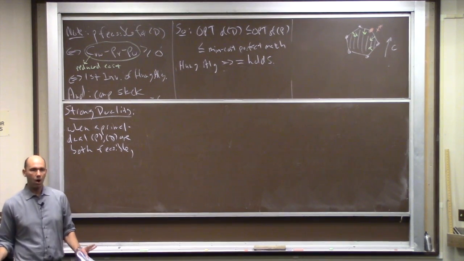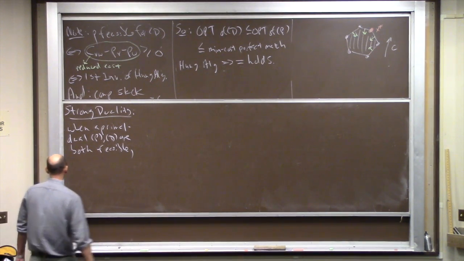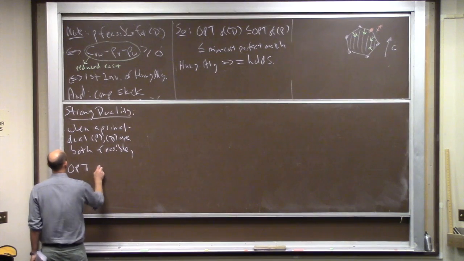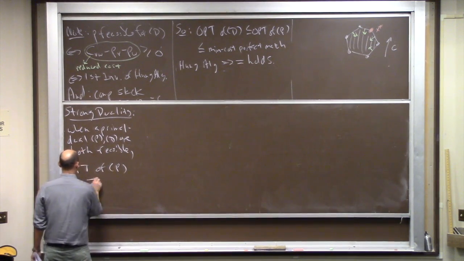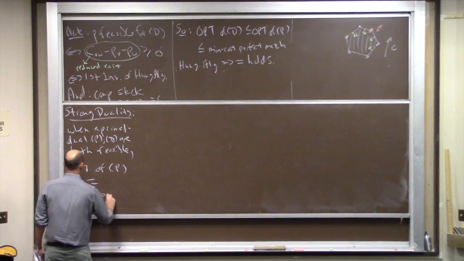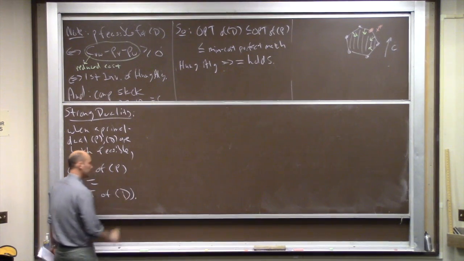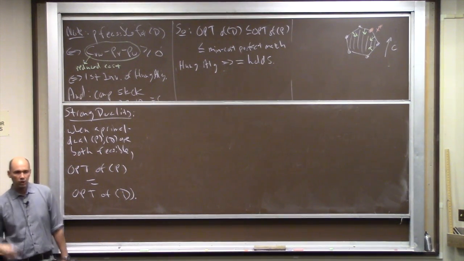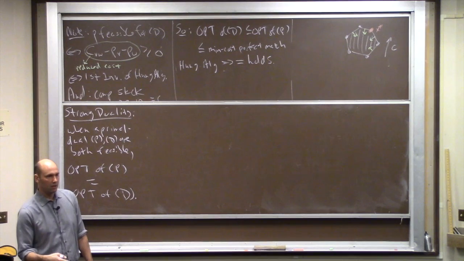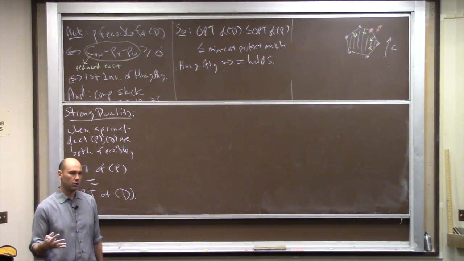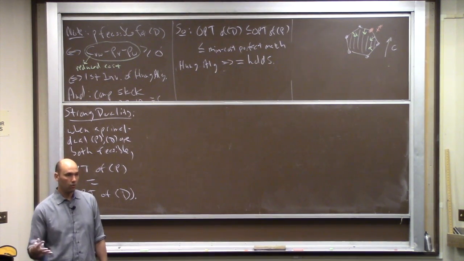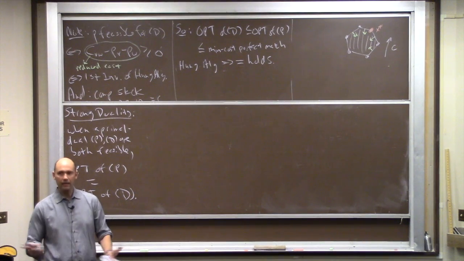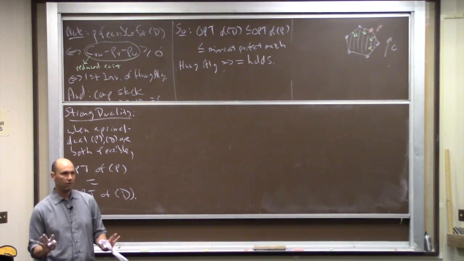So weak duality always holds with equality. We already know this is true for max flow linear programs and their duals. We already know this is true for bipartite matching and their duals, but actually it's true for any linear program. Okay? There is never a gap.